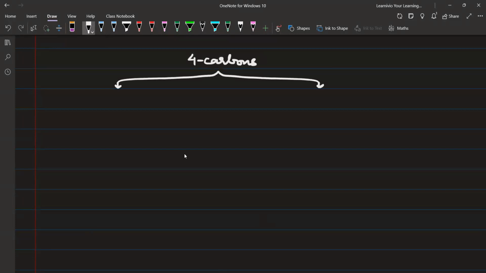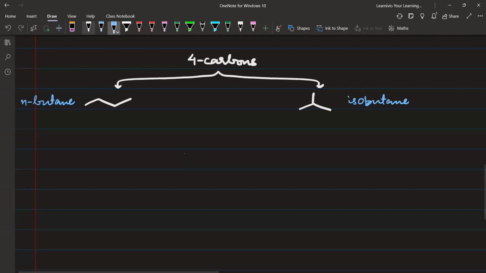The chain can be arranged like this, or the chain can be arranged like this. In this chain, it is known as n-butane. And this one is isobutane. The common names are n-butane and isobutane.